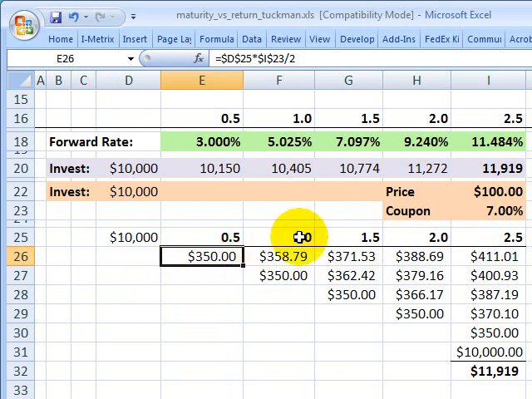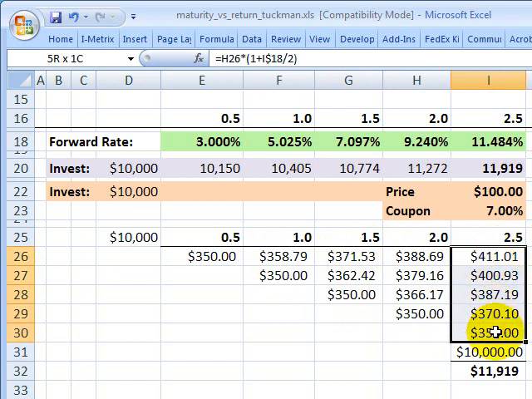And then going forward another year, this investor also receives another coupon of $350. But the first coupon gets reinvested at whatever the spot rate is, and we'll imagine it's the realized forward rate. So here, all we have down here looks like a lot, but it's just each coupon of $350, and then the coupon gets reinvested for the duration, and we end up here at the end of 2.5 years.